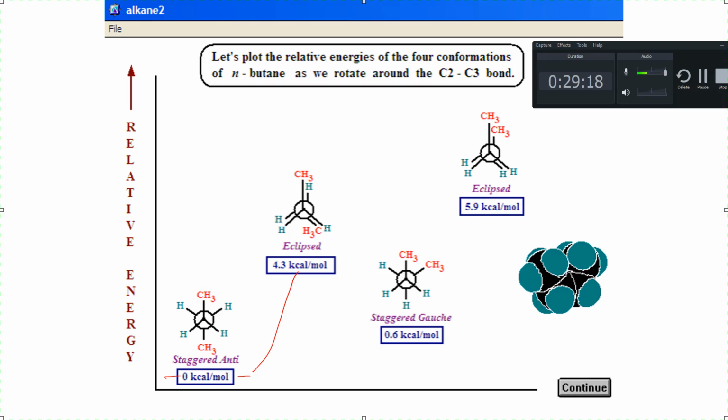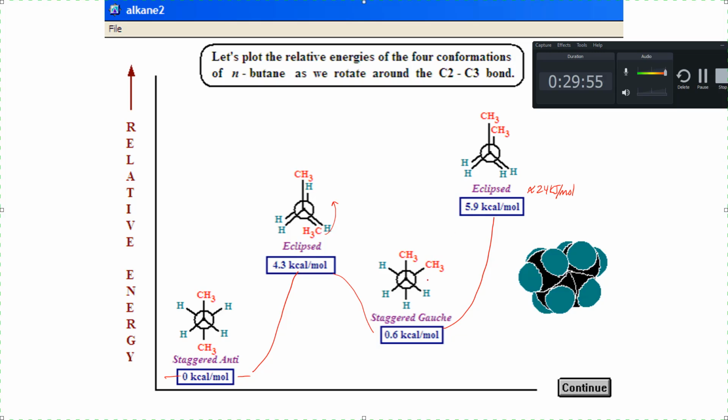Then continue to rotate. I'm going to rotate this methyl group up to make it now gauche to this methyl group. That comes down and makes it 0.6 kilocalories per mole more unstable than the staggered anti, but much more stable than the eclipsed. And then if I eclipse both methyl groups, I go up to 6 kilocalories per mole, which would be approximately 24 kilojoules per mole, at 4.1 kilojoules per kilocalorie.